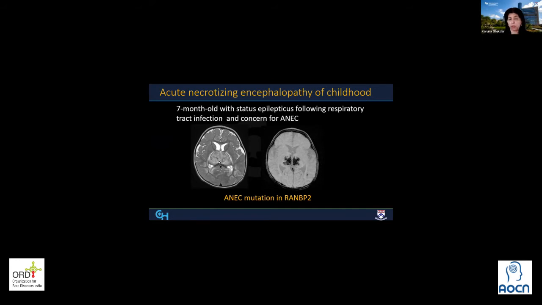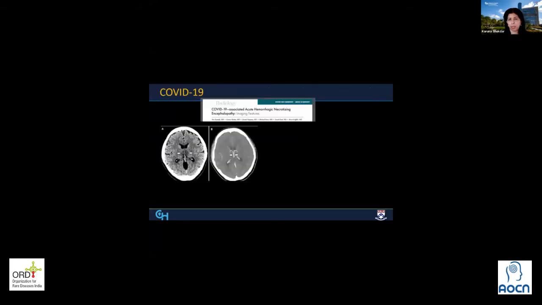The susceptibility to getting ANEC is because of a mutation in the RANBP2 gene. Very recently, we had a case of twins who both got ANEC within a matter of a few months from each other, proving the point that they both had this mutation of the RANBP2 gene.